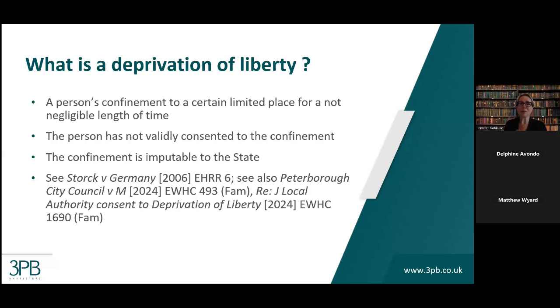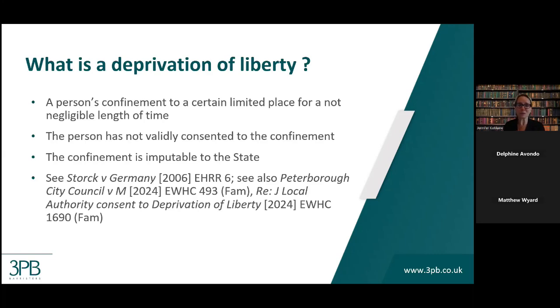But the local authority felt that it did not have the capacity in law to consent on his behalf. The judgment of Mrs Justice Lieven was that the local authority did have the capacity to consent, not on behalf of J, but as the parent of J. You may be aware that this has been appealed, and the appeal will be heard in December.